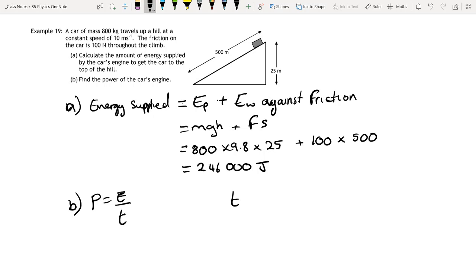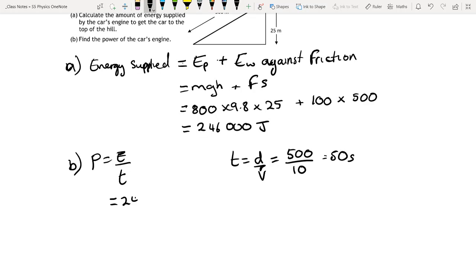So the time is going to be the distance divided by the speed, yeah. So you'll see there's a few sort of tricky parts to these questions where it's not always obvious how to do it. But you will be able to do it. There is enough information in the question. It's just you've got to go through a few more steps. So 500 divided by 10, so 50 seconds.